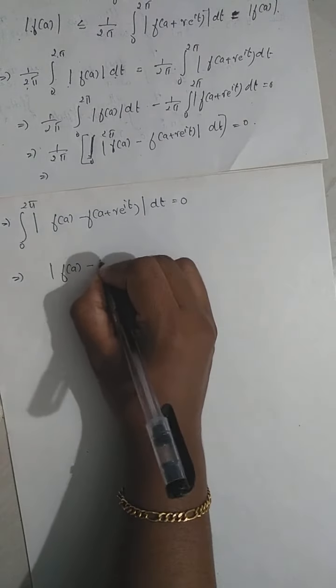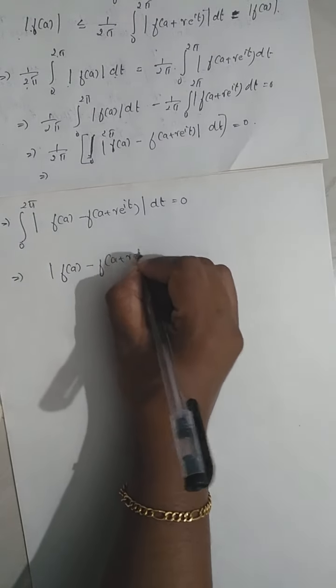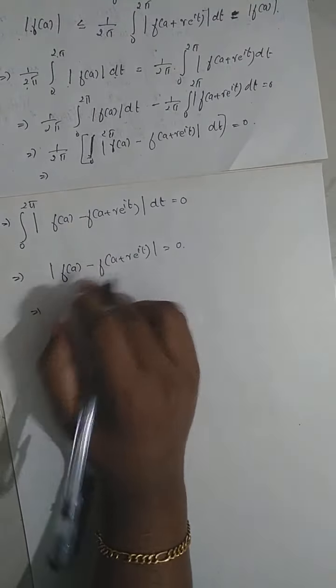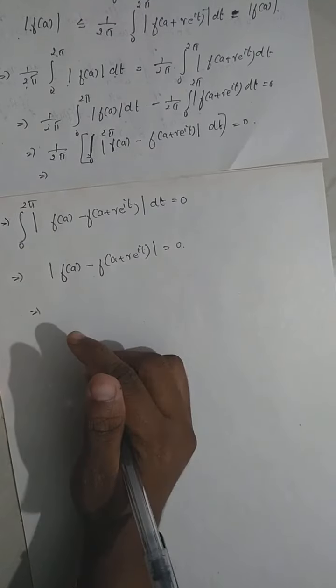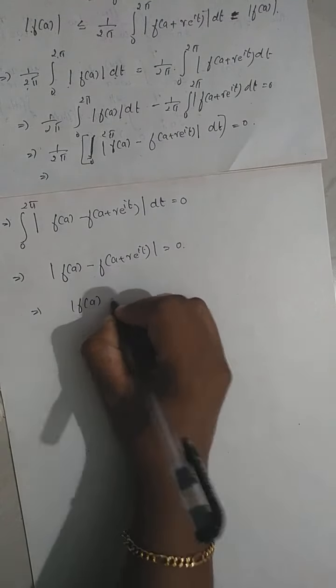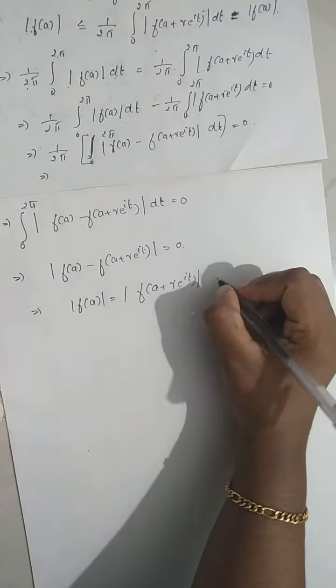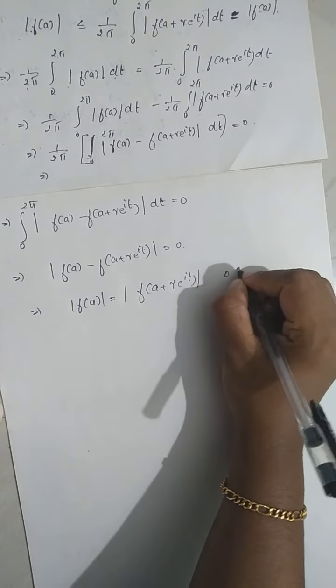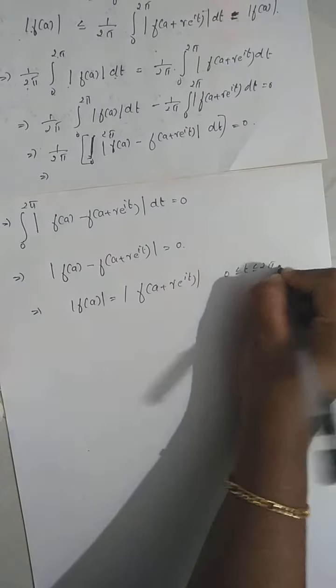So mod f of a minus mod f of a plus r e raised to i t is equal to 0. So Riemann integral is equal to 0 means that the integrand is equal to 0. Okay. So which implies modulus of f of a is equivalent to modulus of f of a plus r e raised to i t. Okay, these two are equal for 0 less than or equal to t less than or equal to 2 pi.